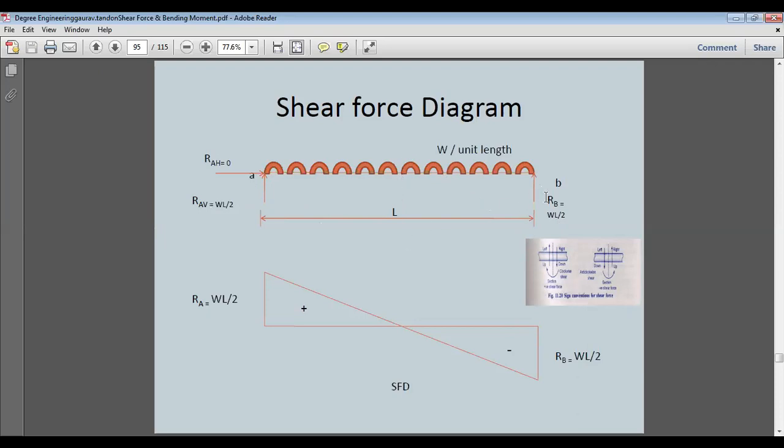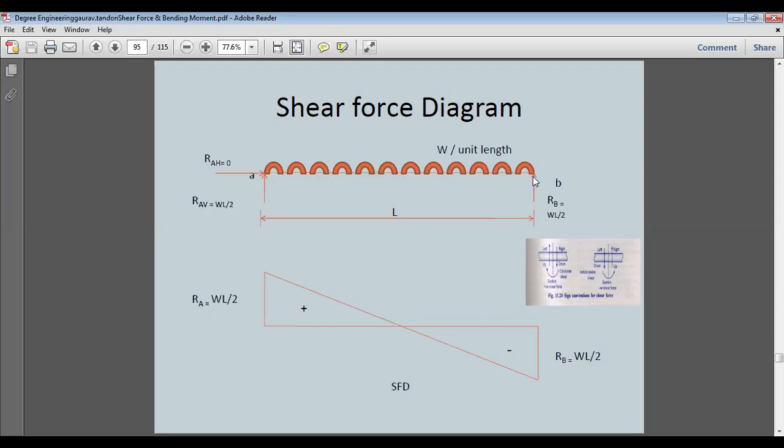Both reactions are vertical upwards, whereas the loading is at the center point. If we convert the uniformly distributed load into a point load, we'll have a point exactly at the center, and that weight is acting vertically downwards.